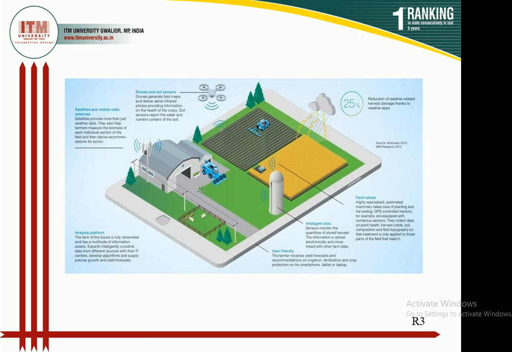There are also intelligent silos. Silos are structures where all the harvested produce is collected, because every crop has a specific season for growth and no crop is available throughout the year. So whatever we have grown should be properly conserved, and the conservation work is done by the silo.